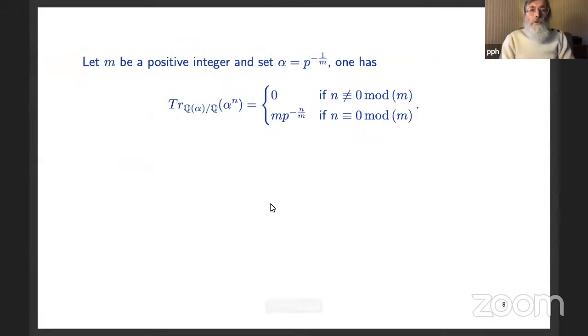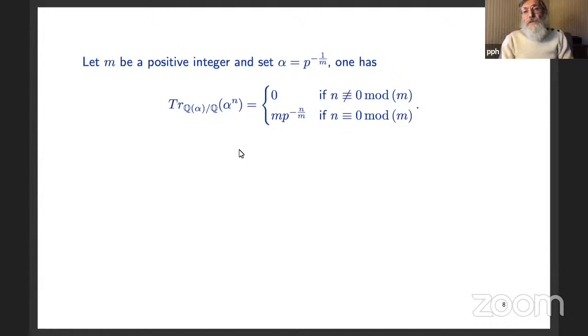Now there is an example, which is just to take m, a positive integer, and take an m-th root of 1 over p. So this is not an algebraic integer. And you look at the trace of the power, the conjugates of alpha, or alpha multiplied by roots of unity.